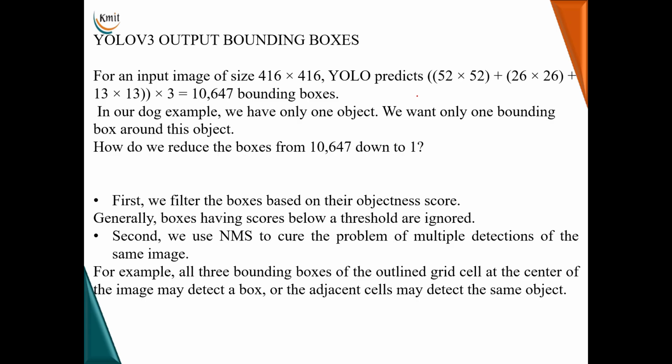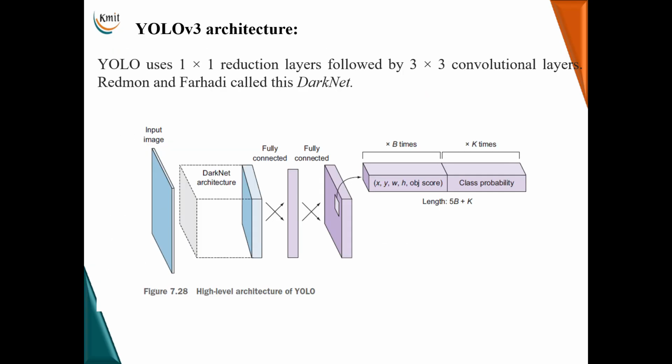Coming to the output bounding boxes, based on the formula S by S by (5B plus K), you will have this many predictions, as given in this example, and these predictions will be sent to NMS so that you get only one bounding box as output.